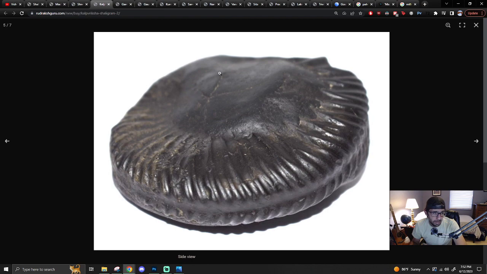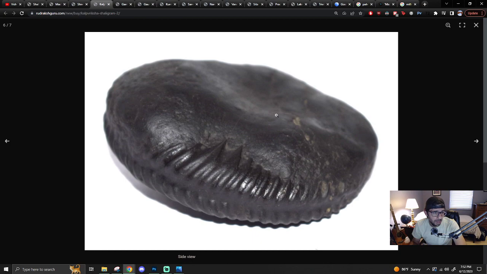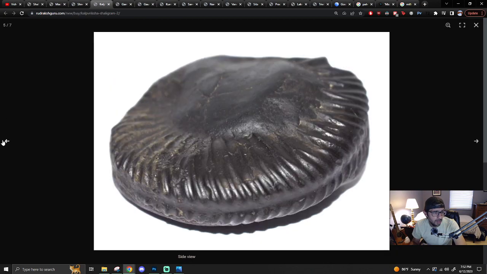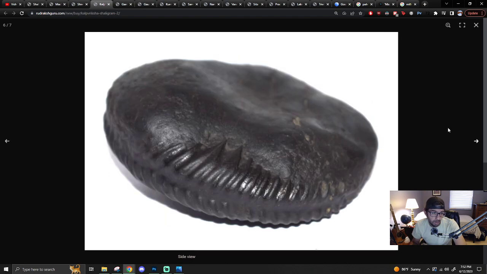This has a top that has a little thing going on there. Bottom side, maybe? Or maybe this is the top side. That's probably the top side here. Maybe the bottom, because this looks almost like it's downwelling here.